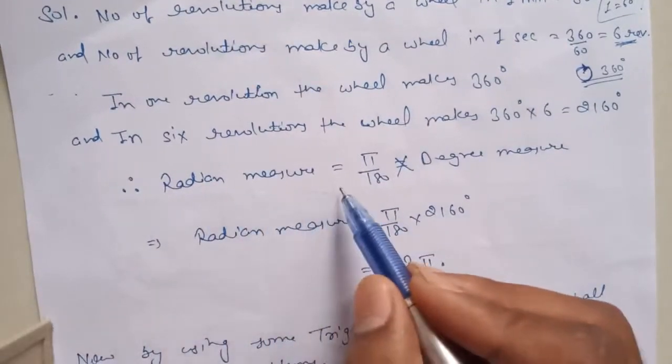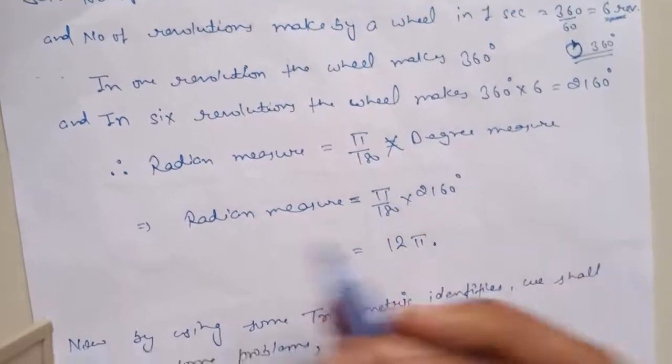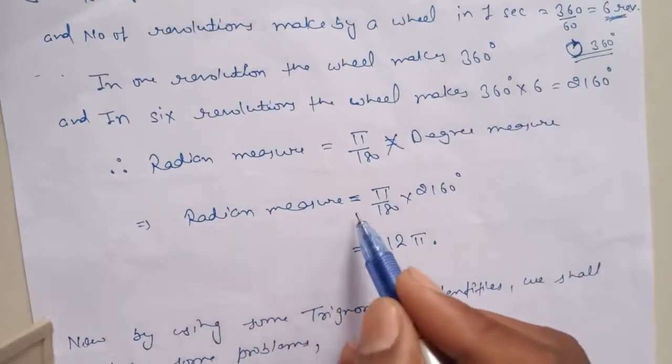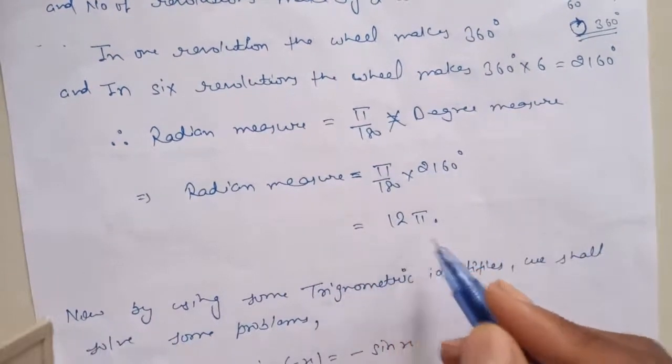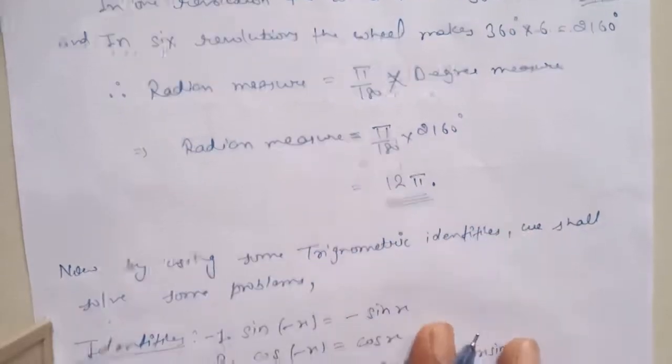Therefore radian measure is equal to pi upon 180 into degree measure, and we have degree equal to 2160. So radian measure is equal to pi upon 180 into 2160, which is 12 pi. This will be the answer in radian.